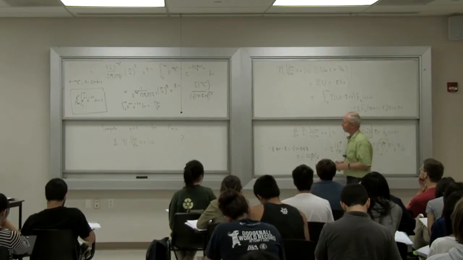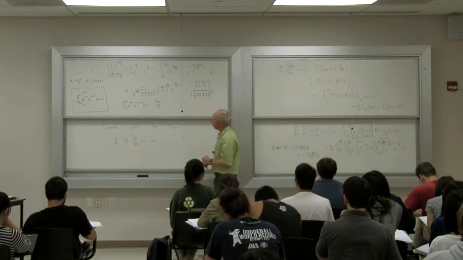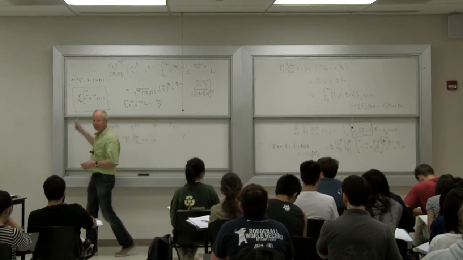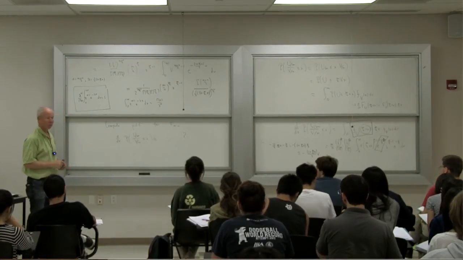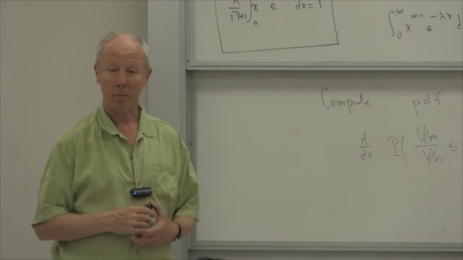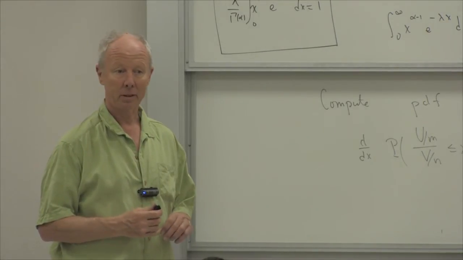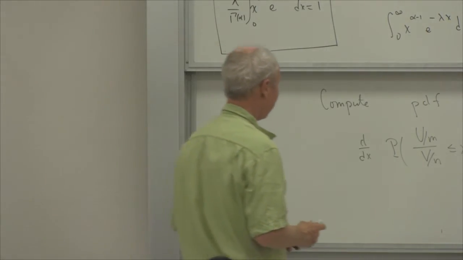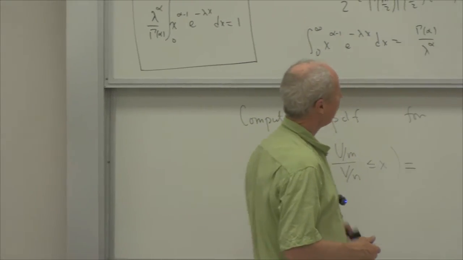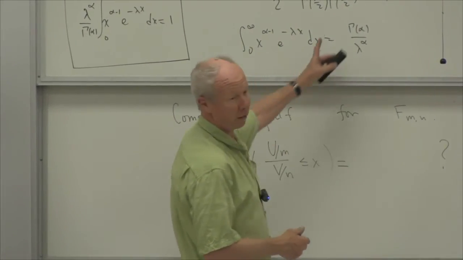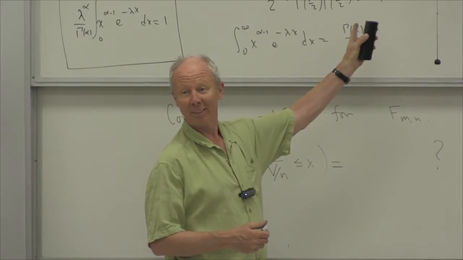And the rest was just collecting terms, busy work, and then using the fact that you know that the gamma density is a density. And then you don't have to do any integration. Okay? It's kind of ugly, I have to admit. It doesn't look very nice.